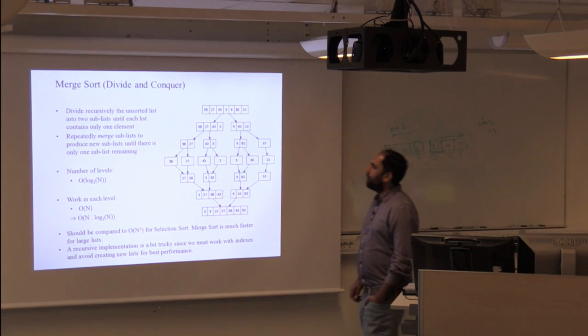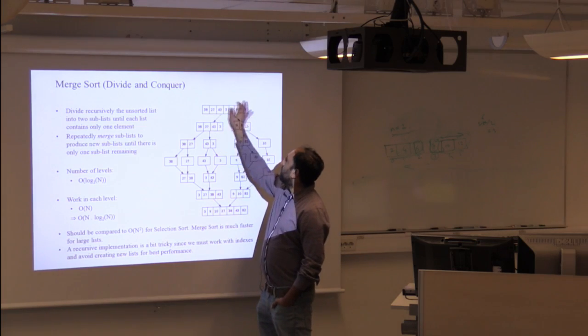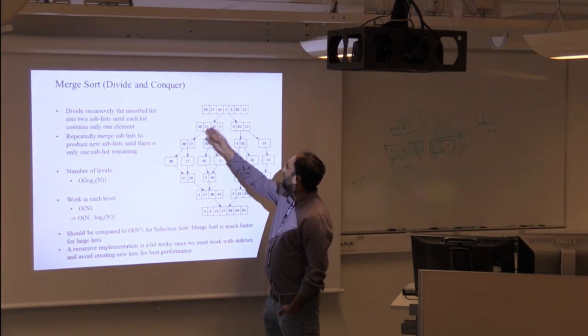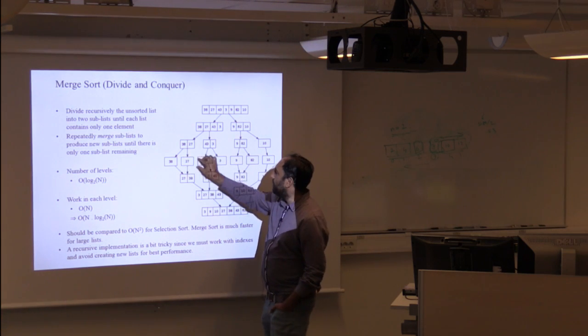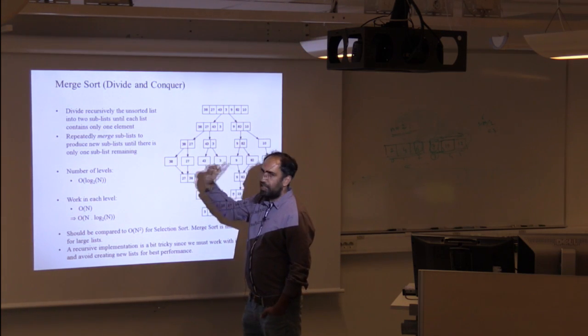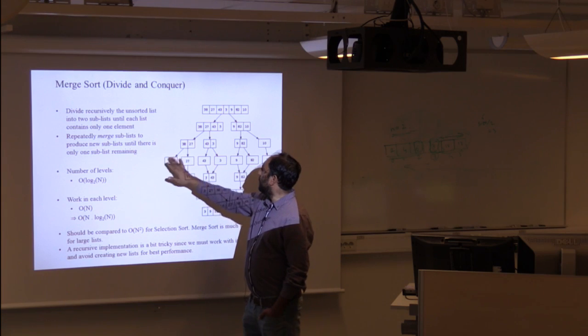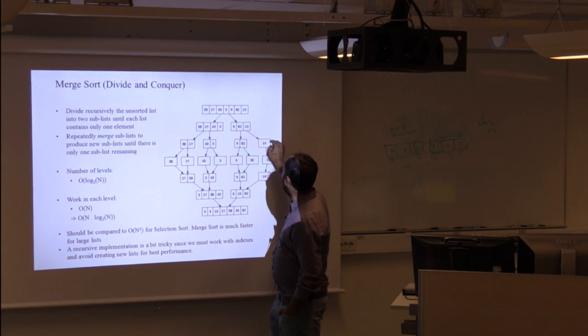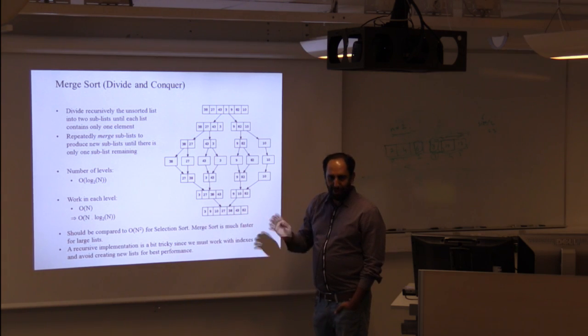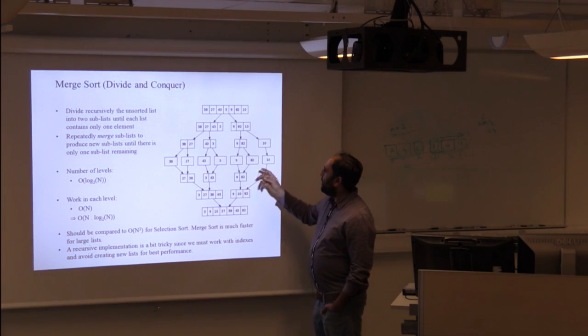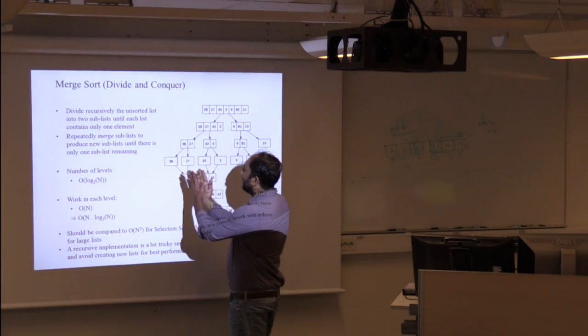So what we do is, if you have a list, we divide the list into two halves, and we keep on dividing until we get to a list of size 1. Once we have hit the lowest level, because you cannot divide below 1, you stop, and then you start merging them.